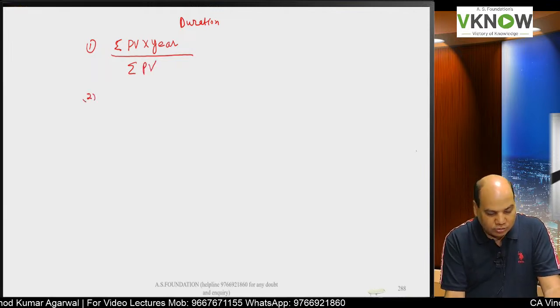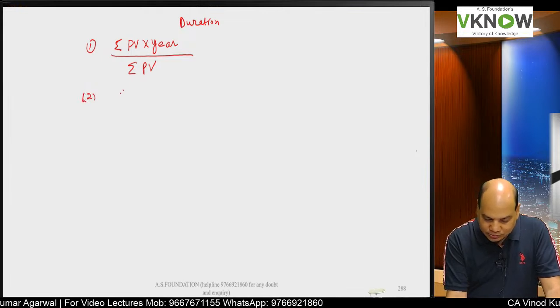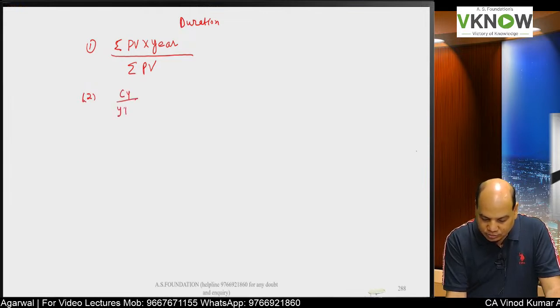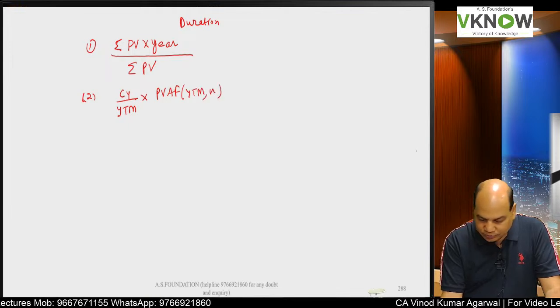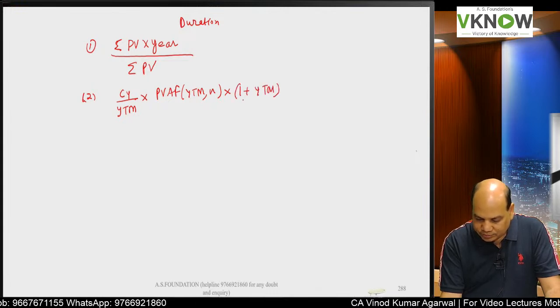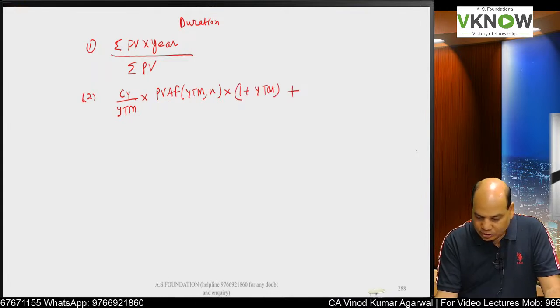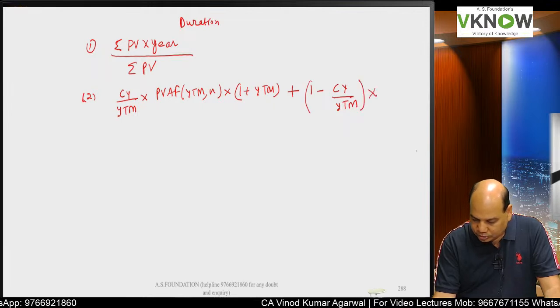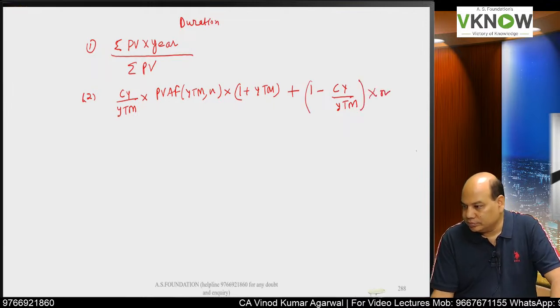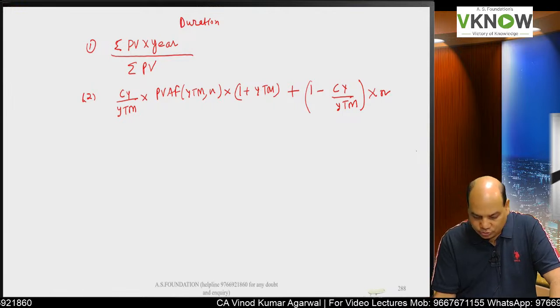And the second formula to calculate duration is current yield upon YTM into PV annuity factor for the YTM and number of years into 1 plus YTM, plus 1 minus current yield upon YTM into N. Either of these two formulae you can use.